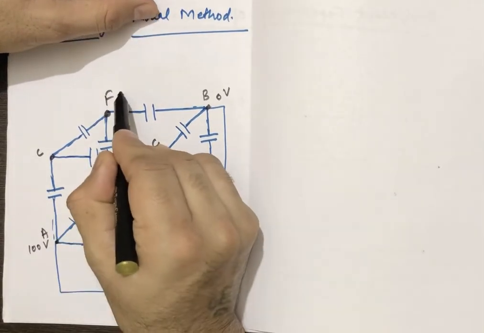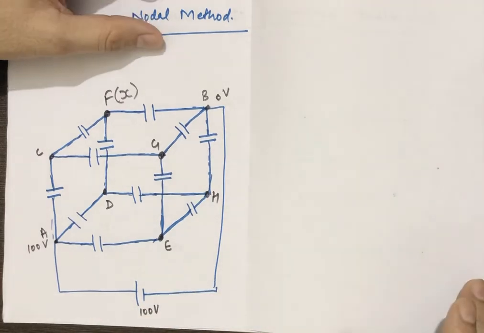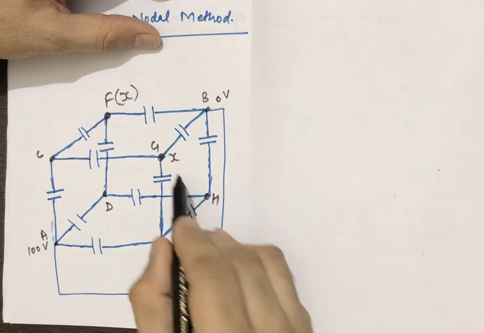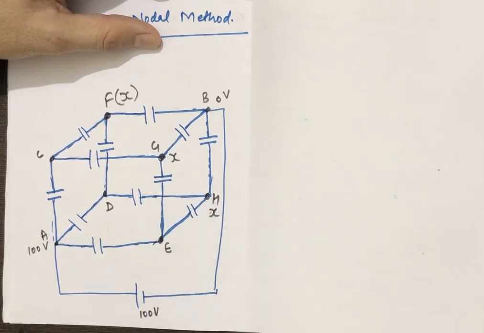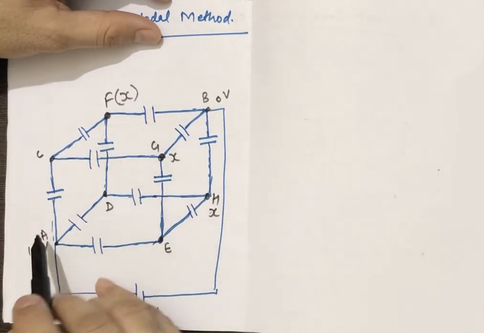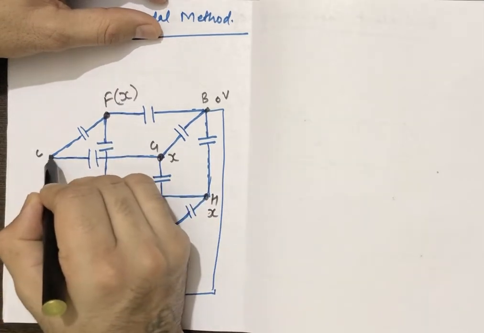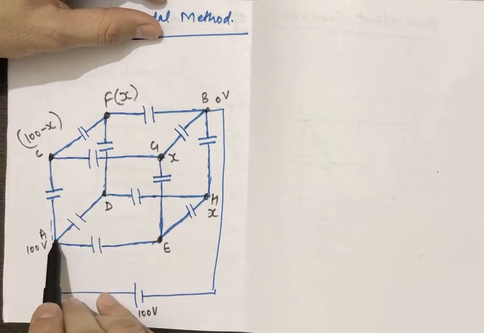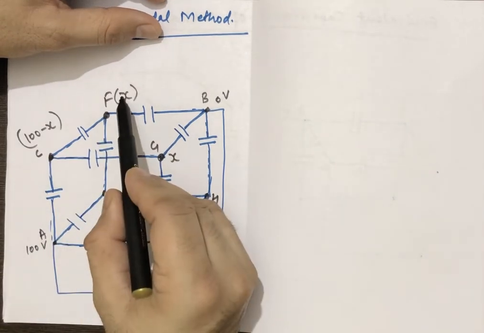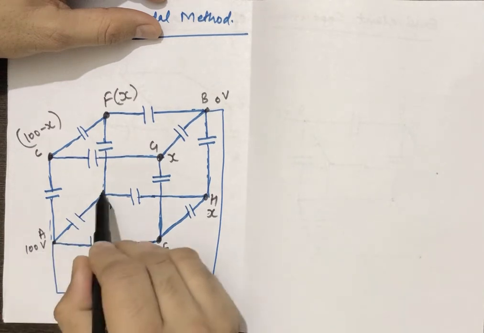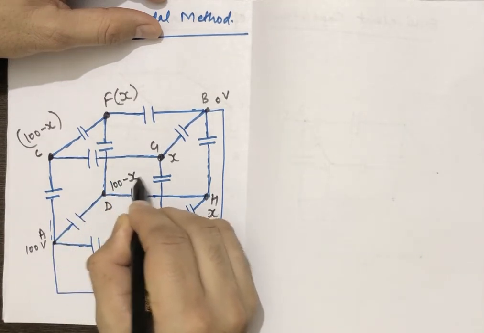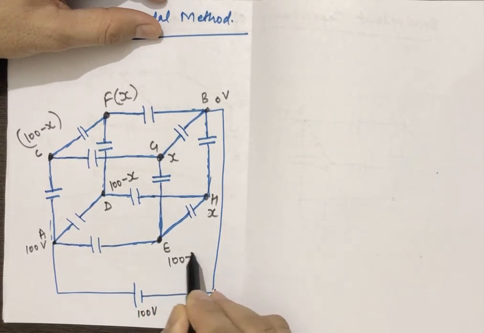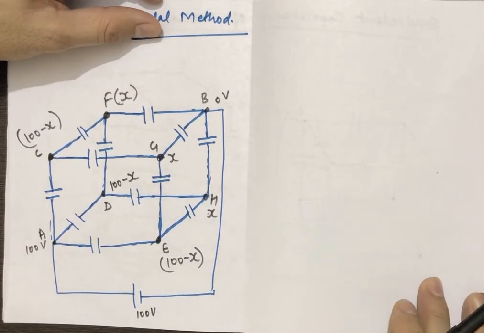So let us consider the potential here is X. I don't know, I have just taken it as X potential. If this is X, then this will be X. So by the symmetry again, if this is X, then this point's potential should be 100 minus X, because here is 100. In the same pattern, if this is X here, this point must be 100 minus X. And for the same E point, it should be 100 minus X by the symmetry, right?